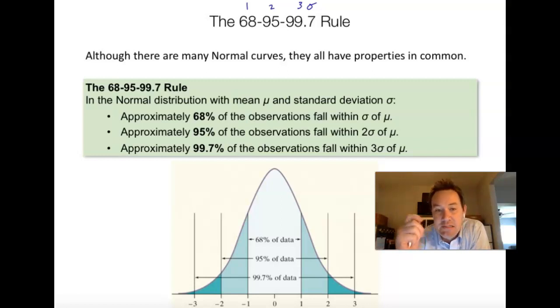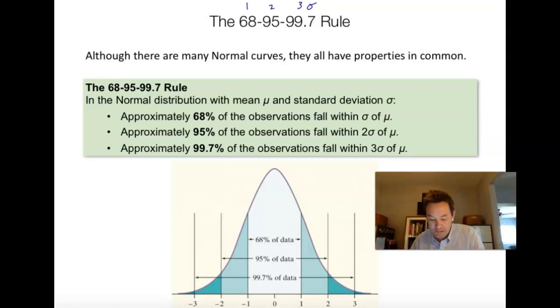Meaning approximately 68% of your observations will fall within 1 standard deviation of the mean. 95% will fall within 2 standard deviations of the mean, and 99.7%, so almost all the data, is within 3 standard deviations of the mean.